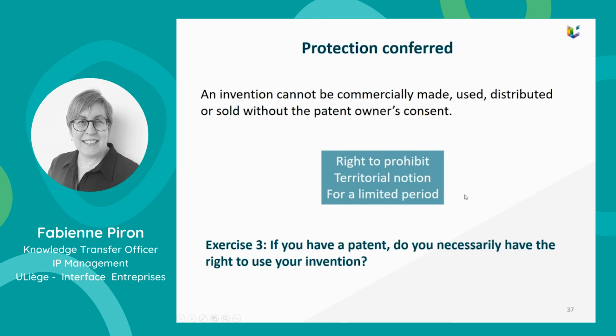Let's do an exercise. If you have a patent, do you necessarily have the right to use your invention? I will perhaps repeat the previous slide. The protection conferred by patents is a right to prohibit. So the invention cannot be commercially made, used, distributed, or sold without the patent owner's consent.